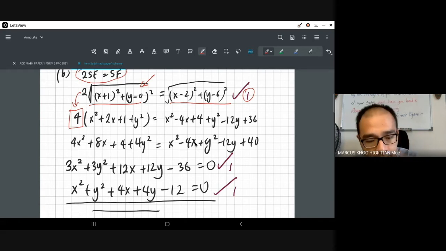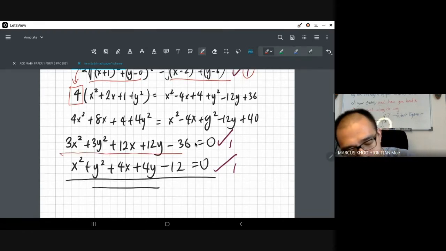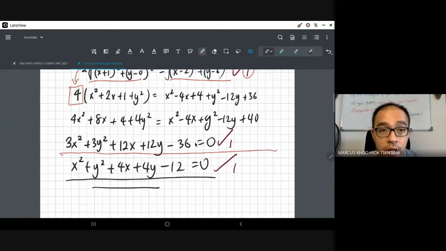Secondly, all equations of locus must be in the simplest form. Quite a few of you answered and stopped here, which is why I can only give you 2 out of 3 marks. Because you see, 3, 12, 36 definitely can bundarkan. Masih lagi boleh dipermudahkan.